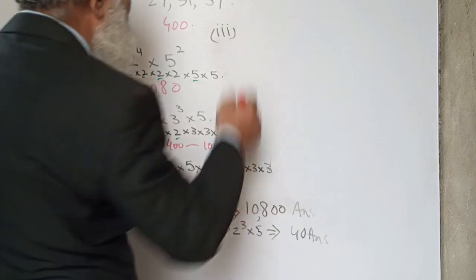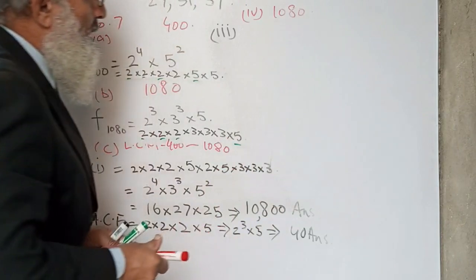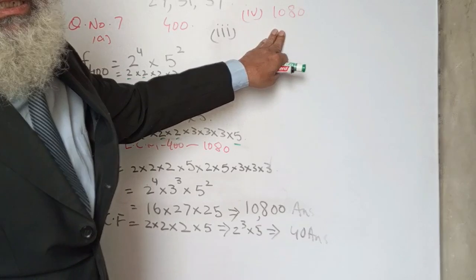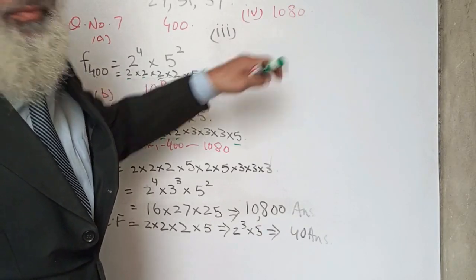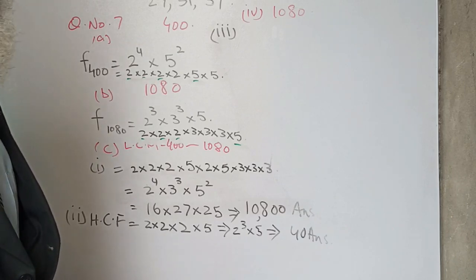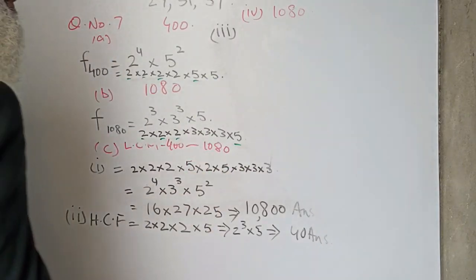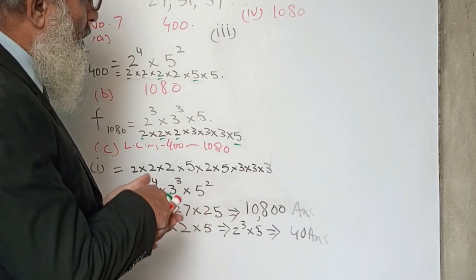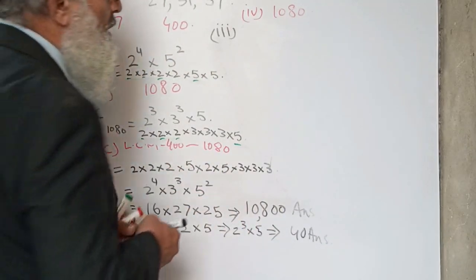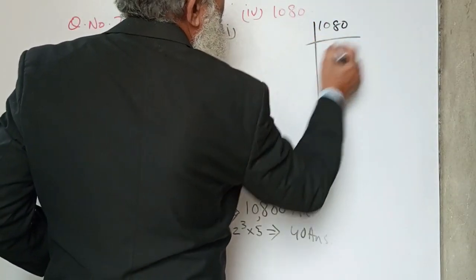The number is the same now. Part 4, 1080. And the writer has asked whether this number is a cube number or not. Now, how will you find it? There is only one method to find whether it is a cube or not, and that is we'll make its factors. Like in the previous one, as we did for 400, we will find its factors.